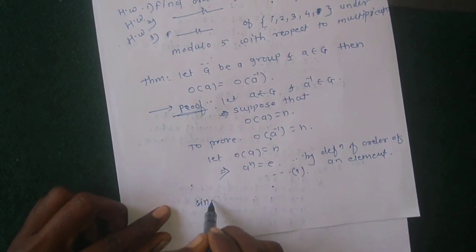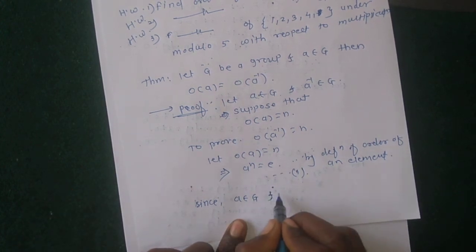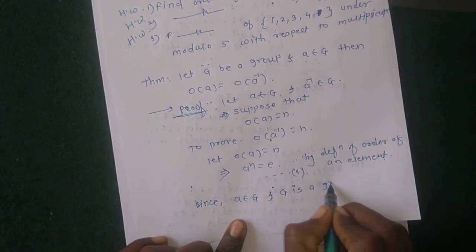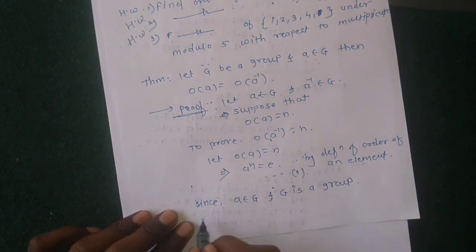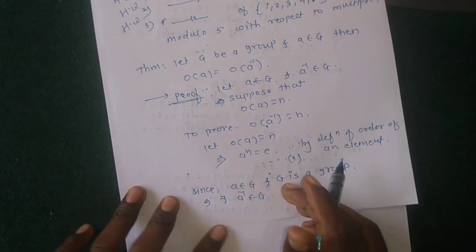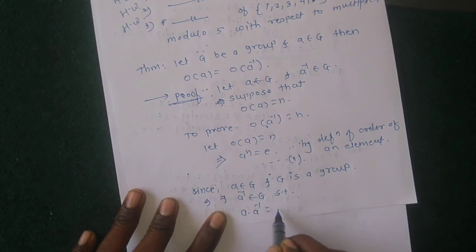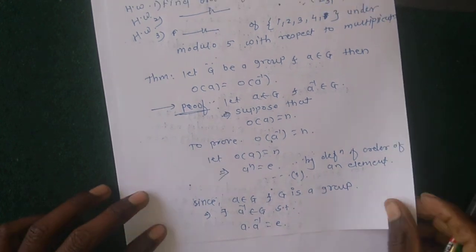Since A belongs to G and G is a group, there exists A inverse belongs to G such that A into A inverse, or A star A inverse, equals identity. Therefore A into A inverse equals identity.